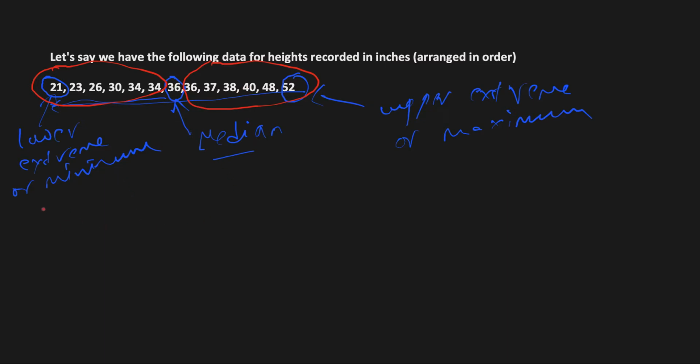So our lower quartile Q1, or the first quartile, is the middle number. This is an even data set, so the median would be 26 plus 30 divided by 2, which is 28.